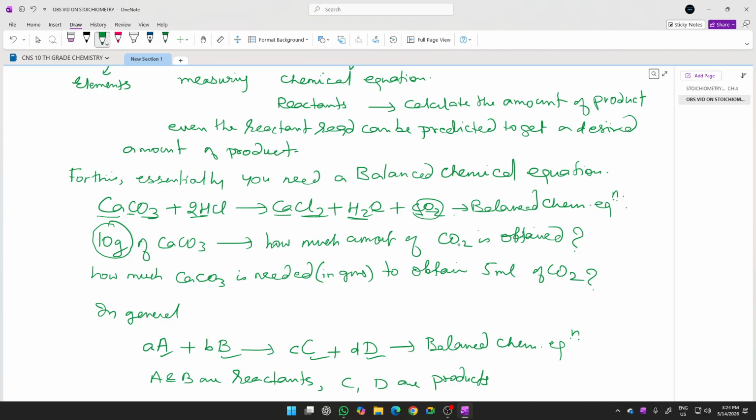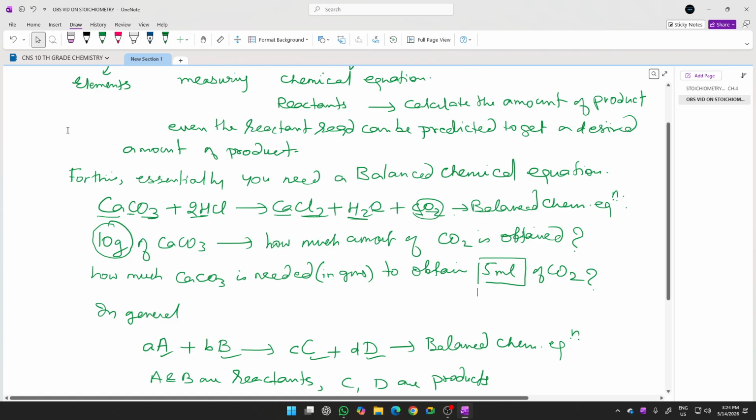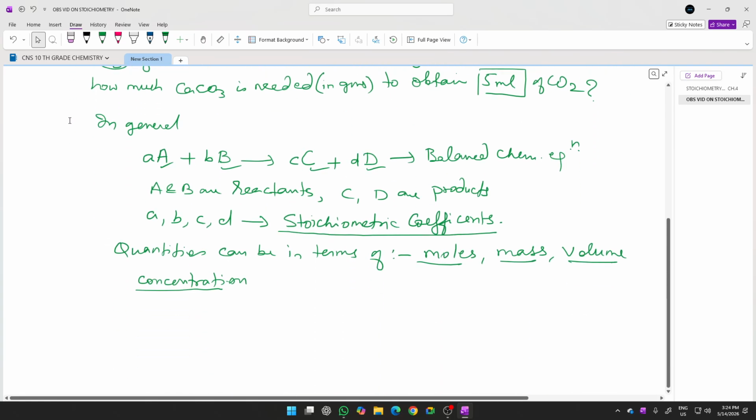And the product carbon dioxide to be obtained is given in terms of volume, 5 ml of carbon dioxide. So calcium carbonate is a reactant, hydrochloric acid is another reactant, and calcium chloride, water, and carbon dioxide are the products. These reactants or products can be expressed either in moles or in mass or volume or concentration.